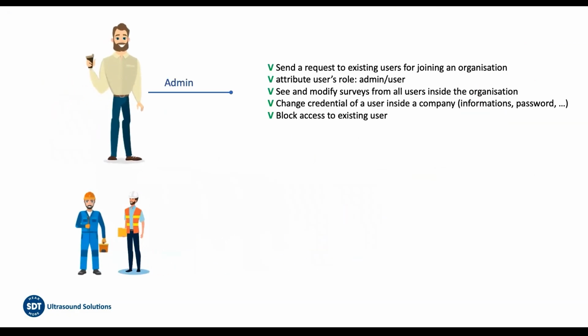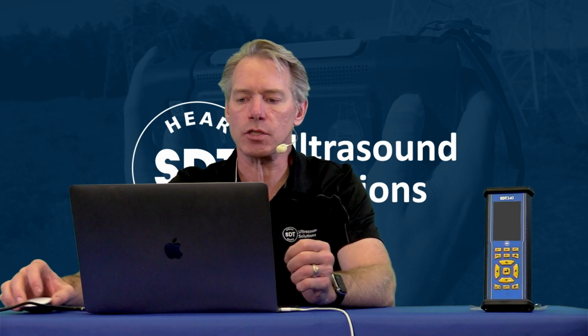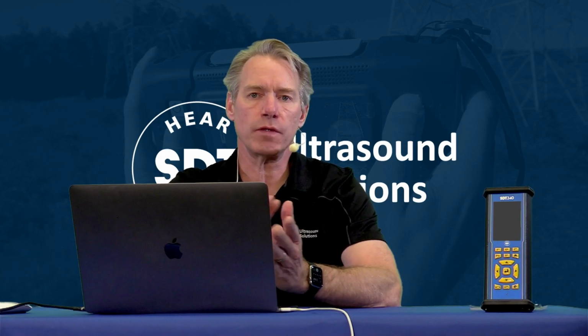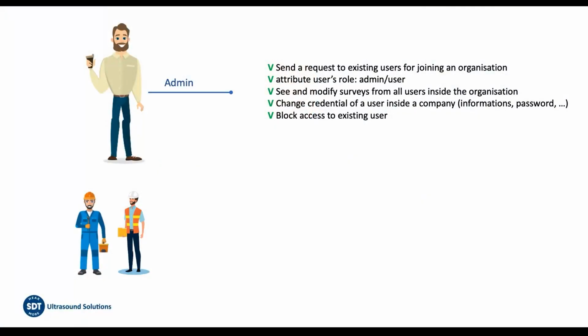So after creating an admin account, the administrator can send a request to existing users to join the organization, set the user's role to either admin or user, view and modify surveys from all the users in the organization, change credentials of each user, or even block access to users when they leave the company or move to a different department or to a different role within the organization. Simple users, on the other hand, can only create surveys and manage the leaks that they've discovered during their surveys and campaigns.